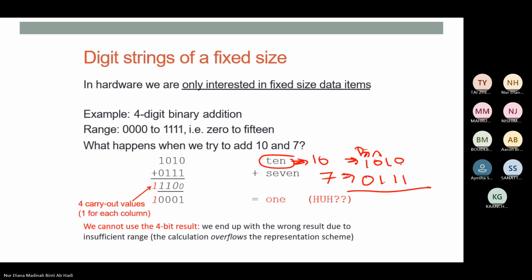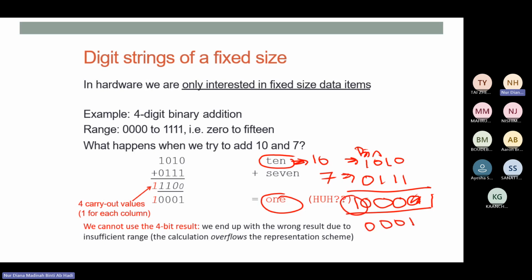So now, 10001. Sorry, this one is a bit 1. So that's why they said 1. Is this correct? Because we only have 4 digits, 1, 2, 3, 4, right? So when we do the calculation, it shall be 0001 because we do not count this overflow. Right? That's why they said it is wrong when we said the answer is 1. Correct or not?